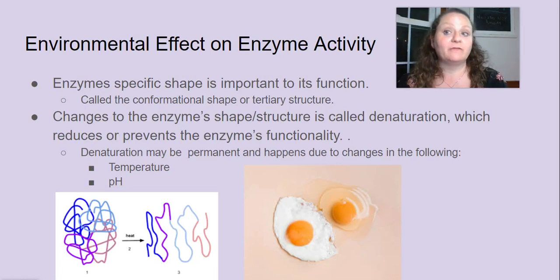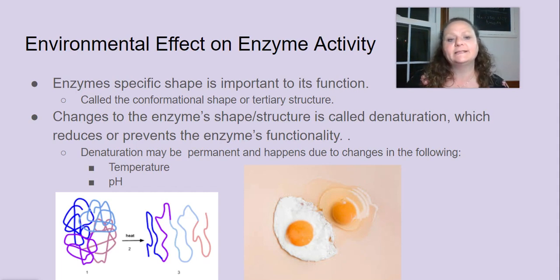Enzyme activity can be affected by the environment in which it finds itself. And in fact, because the specific shape is so important to enzymatic function, any type of temperature change or pH change can actually lead to what we call the denaturation of the protein or of the enzyme.